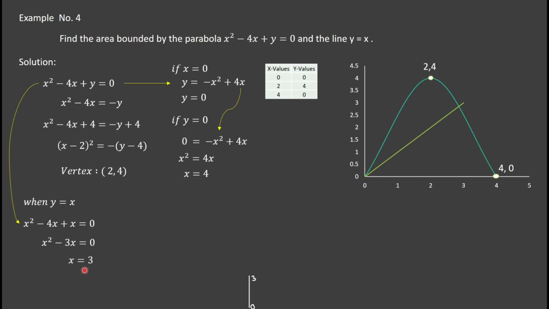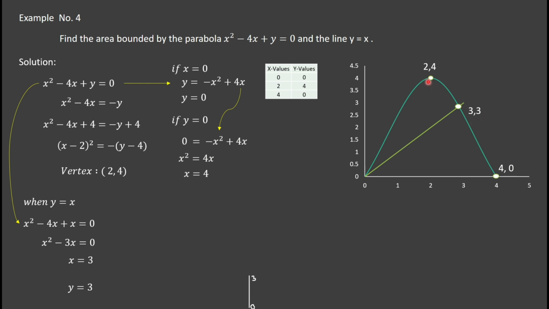Simplify, where x is equal to 3. Therefore when x is equal to 3, y also is equal to 3. So the corresponding coordinates where the line intercepts the curve would be (3, 3).